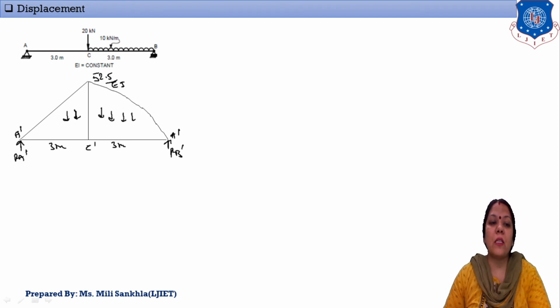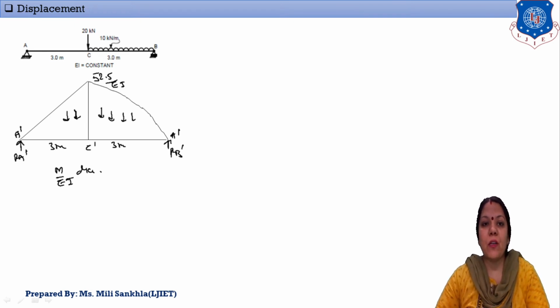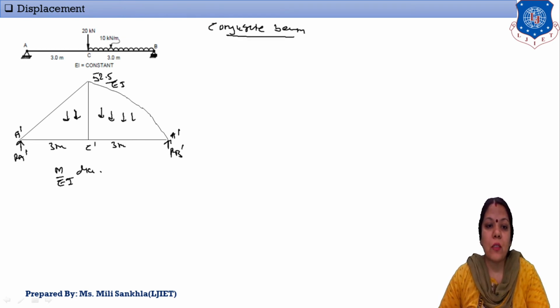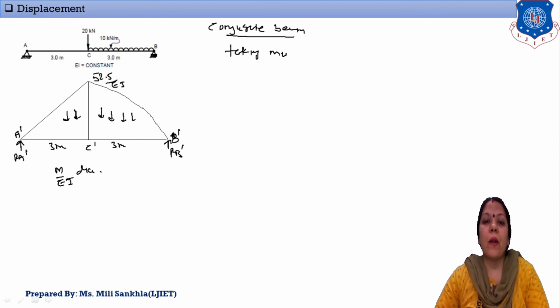Simply we can say that this is our M upon EI diagram. Now mention here conjugate beam. Now we find out the support reaction for the conjugate beam, taking moment about B dash.